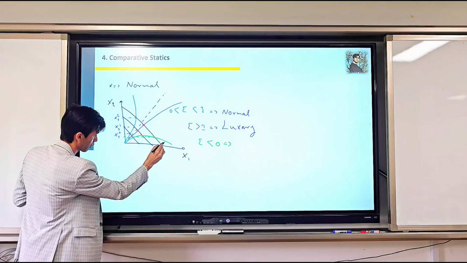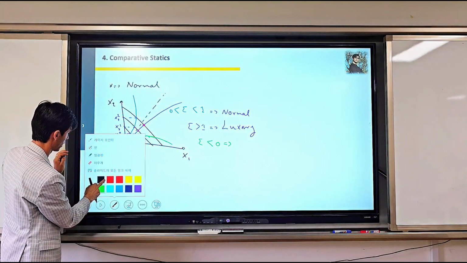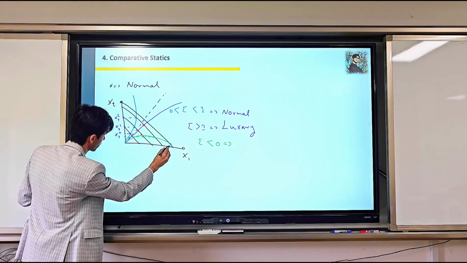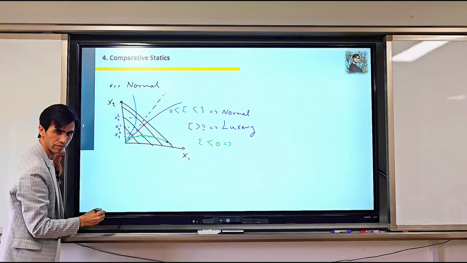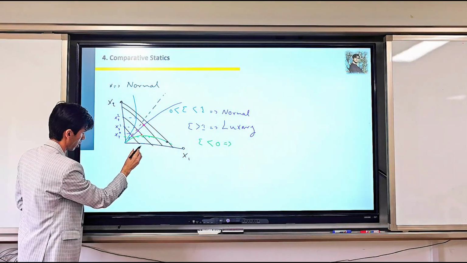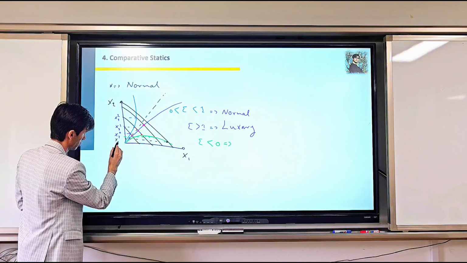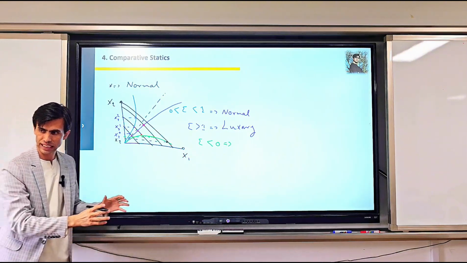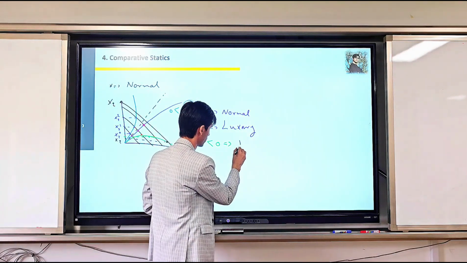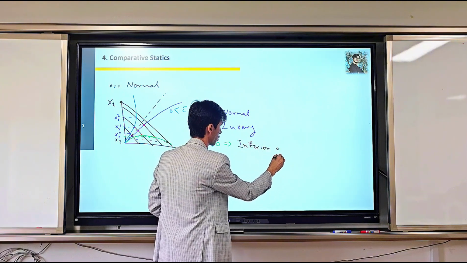Even if we move to another curve, let's write down the fourth one, it decreases. So when we have this much income, we will buy this much of X2, and instead of an increase in demand, it decreases. So in this case, we have an inferior good.